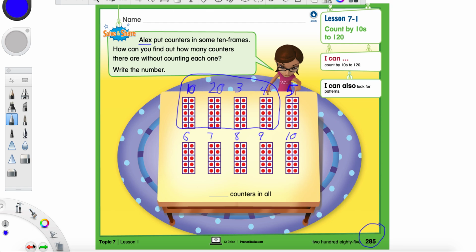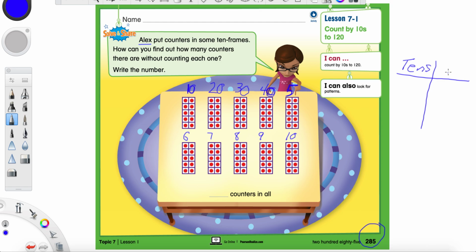Let me erase that right there so we can go back. So we have 30 and we have 40. The reason we're doing this is that when you have 10 frames, I'm going to draw a little chart real quick. If you have a 10 frame full, that means we have 2 different place values.